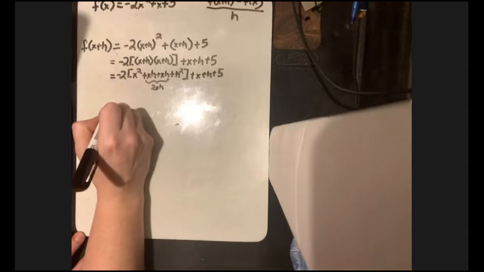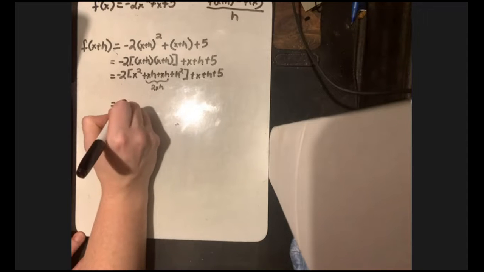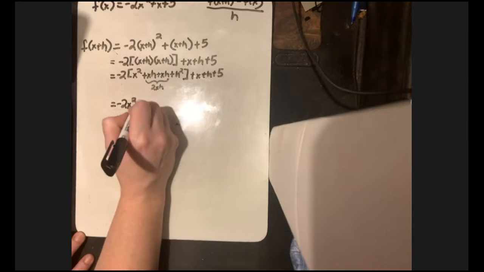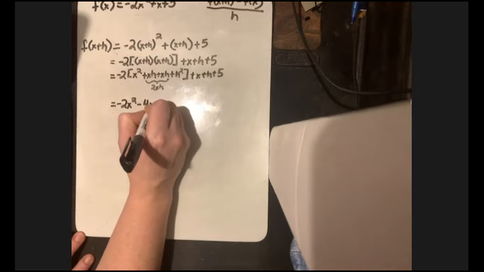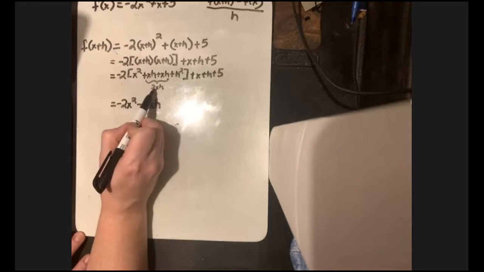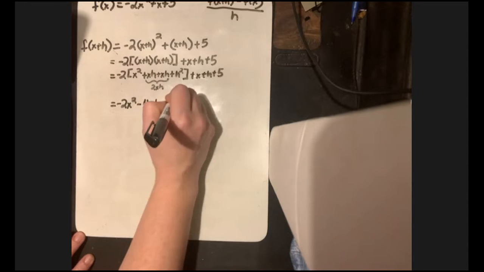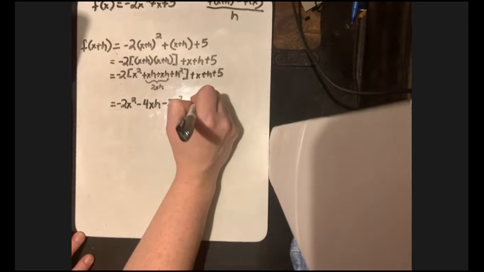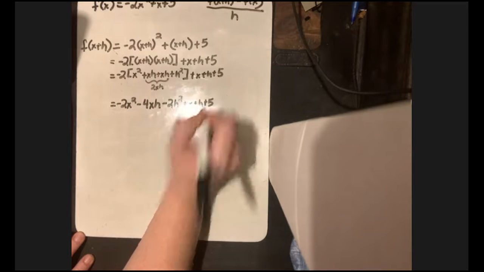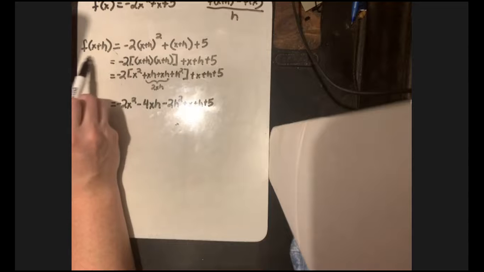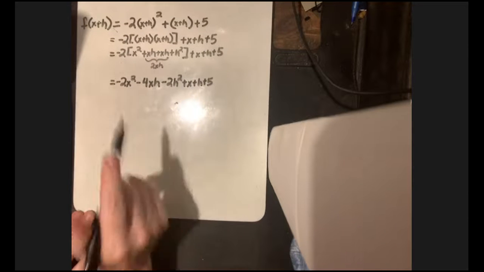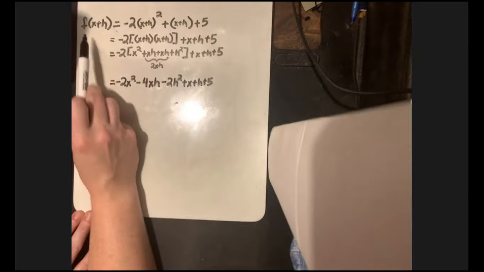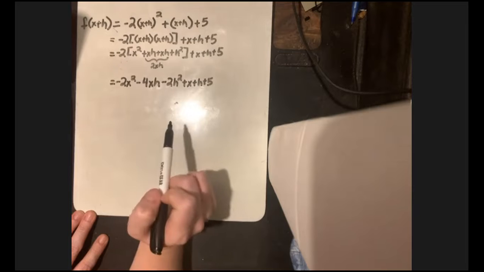And now I'm going to distribute the -2. So I've got -2x squared minus 4xh, so that -2 times that combo set there, minus 2h squared plus x plus h plus 5, okay? So this is my f of x plus h, this whole statement, okay?